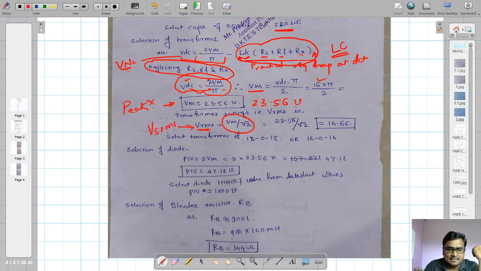You remember that it is the RMS value of the secondary voltage. It is VM by root 2, 23.56 divided by root 2. I am getting 16.66. It means I have to use the transformer 16-0-16 or 18-0-18. Whichever is available in the market, collect it, take it, use it. This is the selection of the transformer.